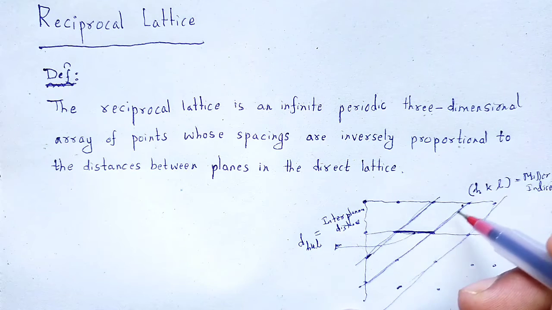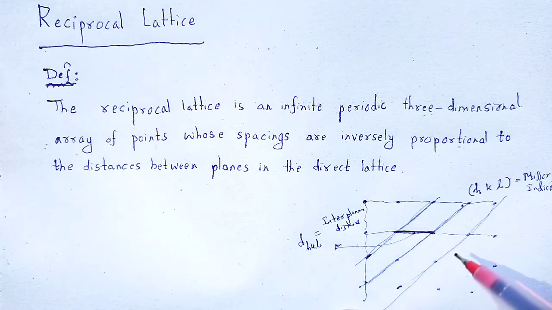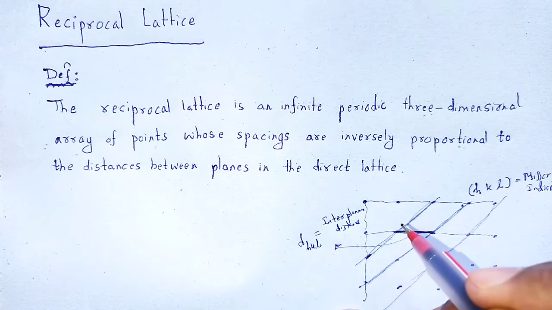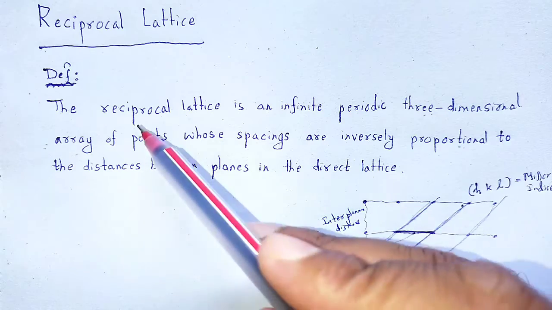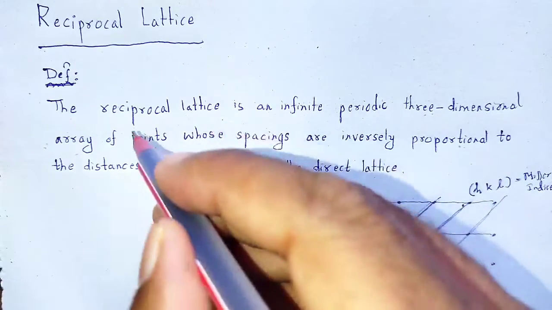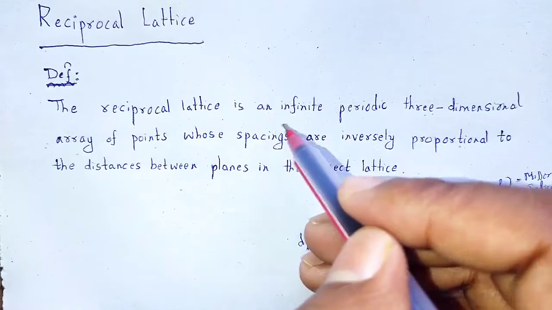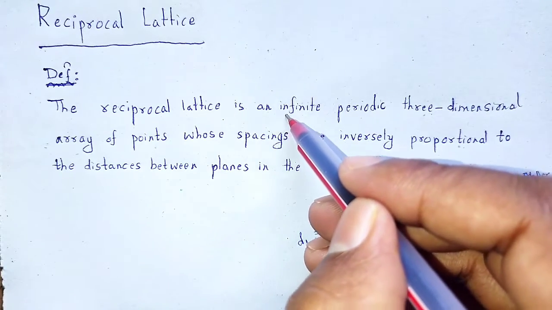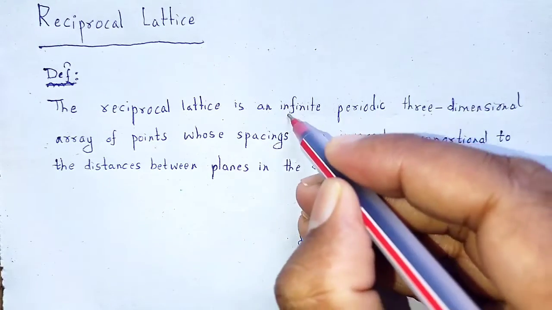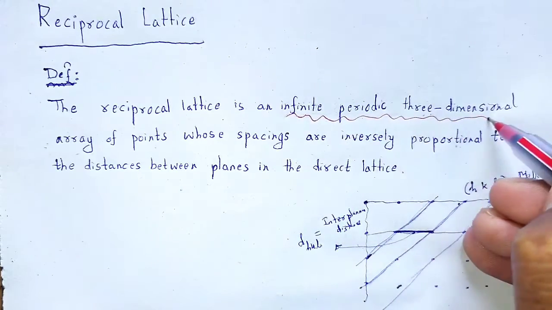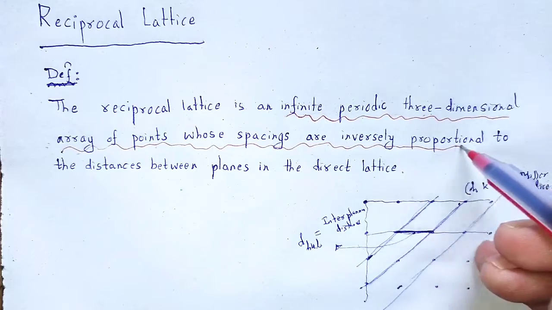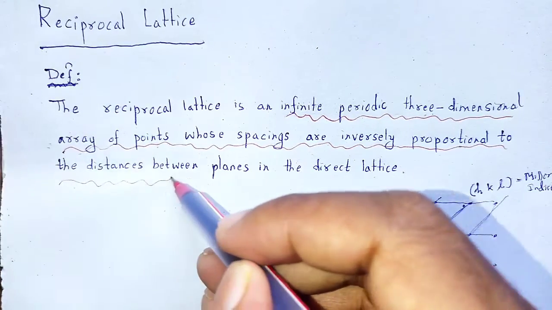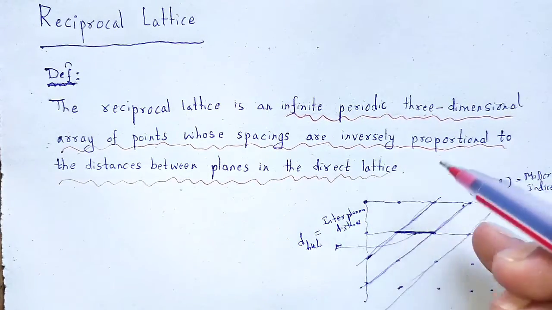Instead of these parallel planes, we can just use a point, and the arrangement of these points is known as the reciprocal lattice.